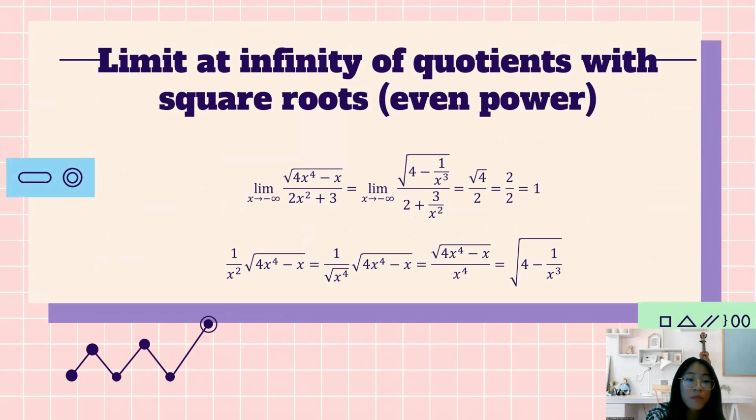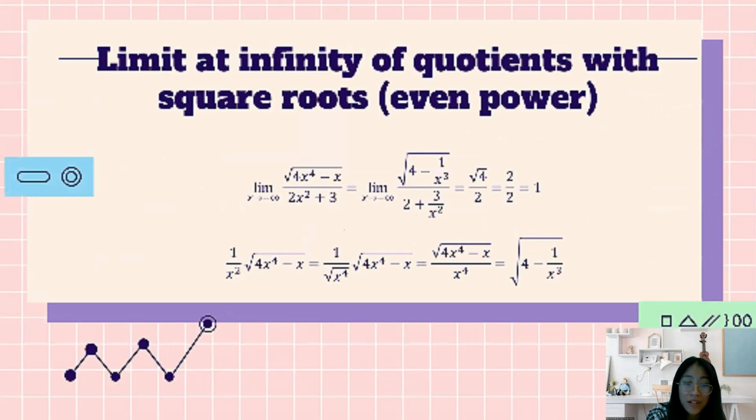So this numerator will be the square root of 4 minus 1 over x to the third power, and then the denominator will be, well, divide 2x squared by x squared. You're just going to be left with 2, and then 3 divided by x squared will be 3 over x squared.